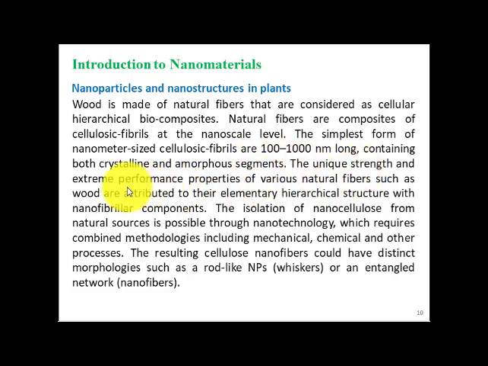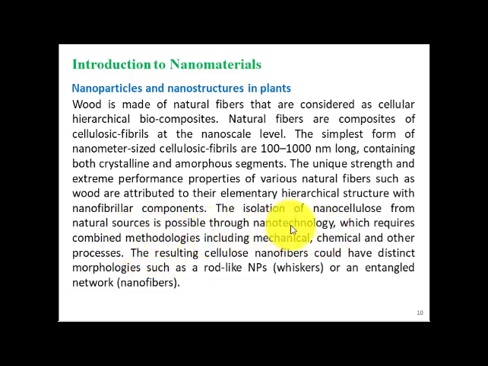The unique strength and extreme performance properties of various natural fibers such as wood are attributed to their elementary hierarchical structure with nanofibrillar components. The isolation of nanocellulose from natural sources is possible through nanotechnology.